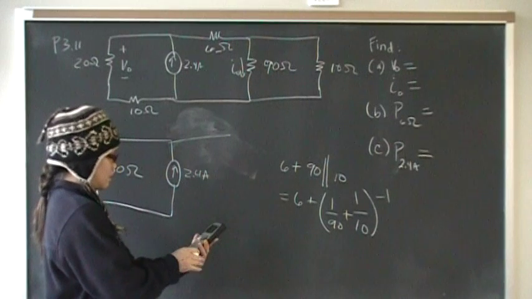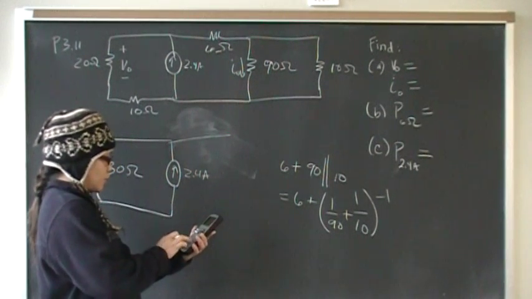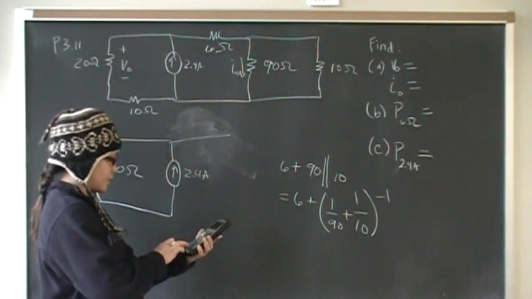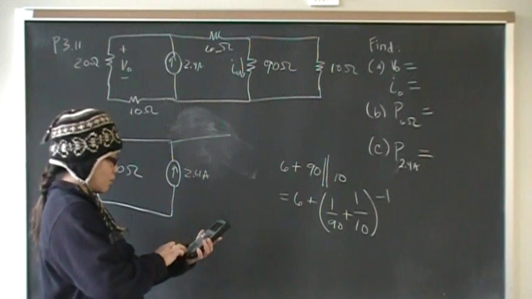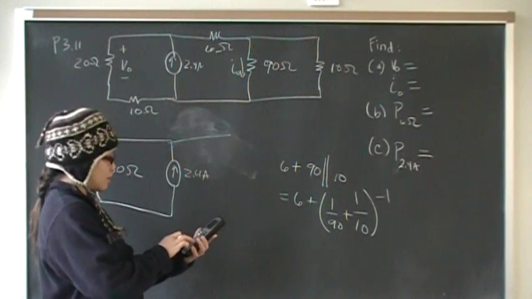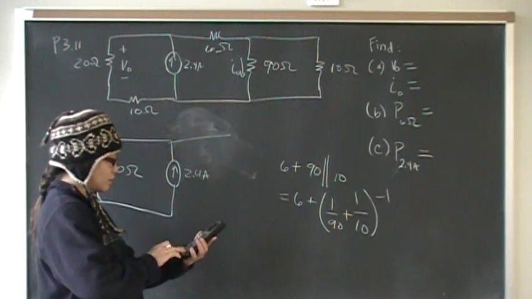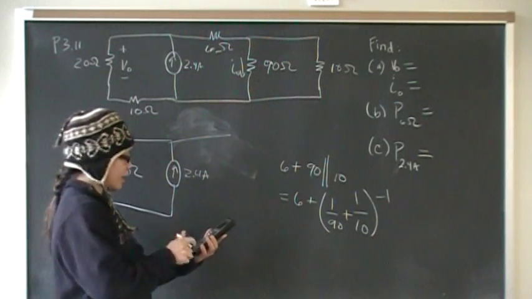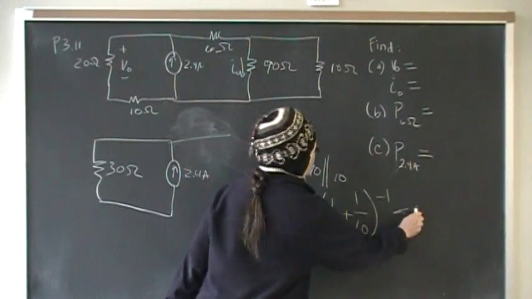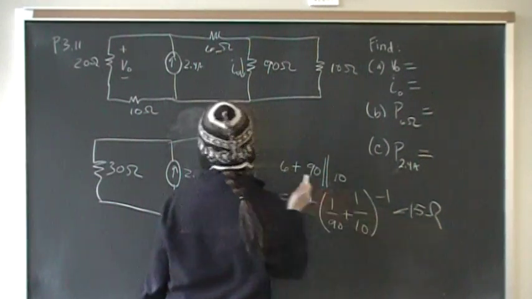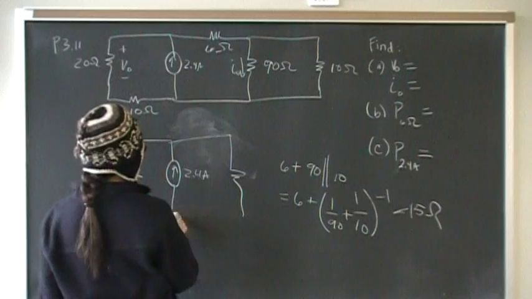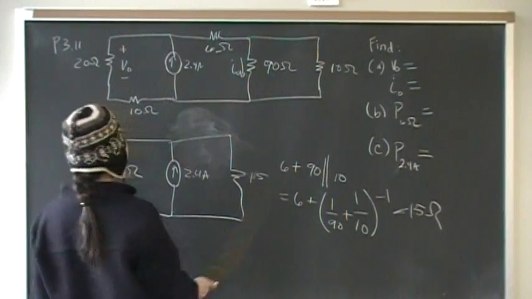First I'm going to do the parallel branch: 1 divided by 90 plus 1 divided by 10, inverse, and then plus 6 gives me 15. So over here, my equivalent resistance is 15.